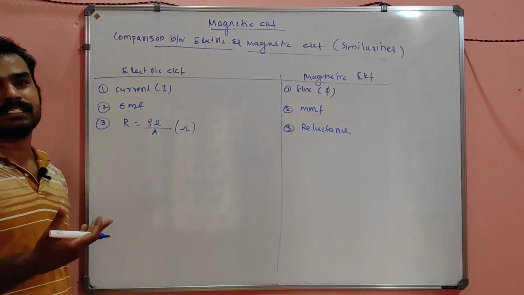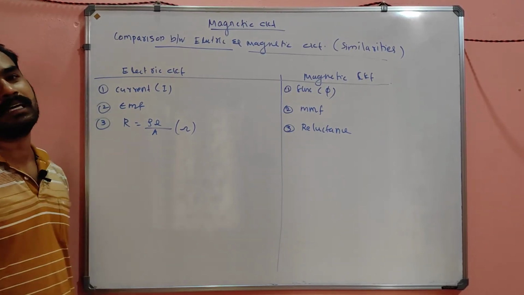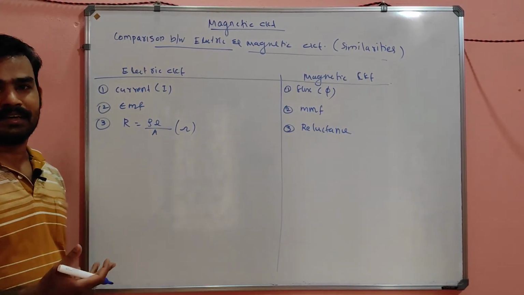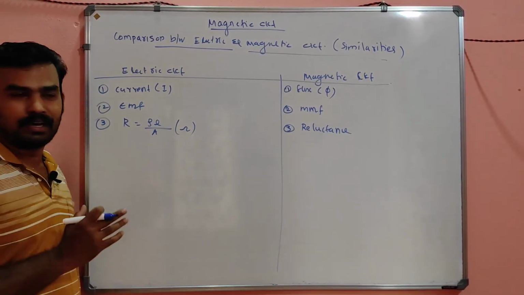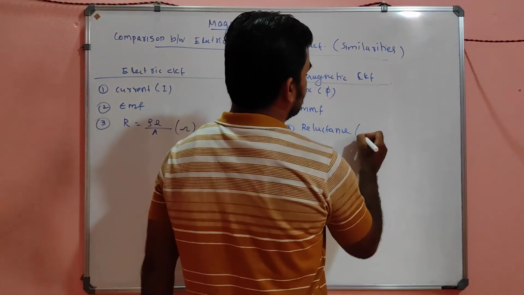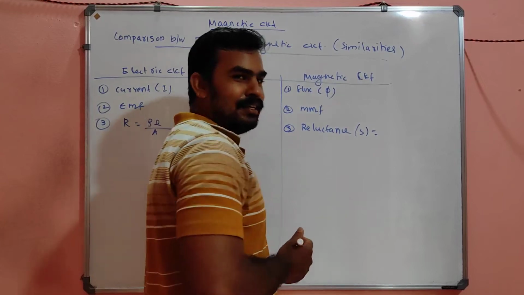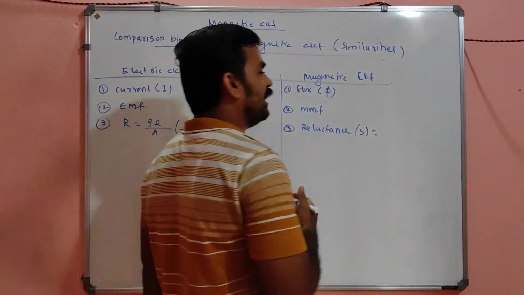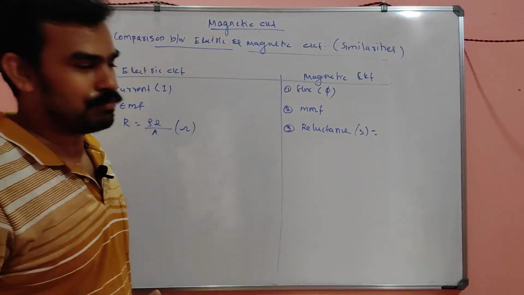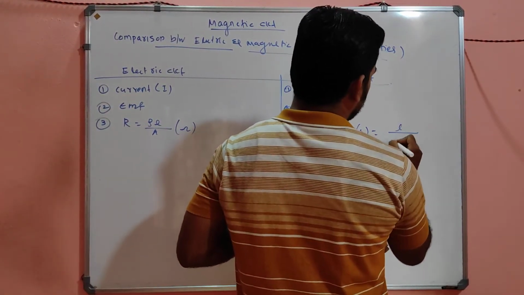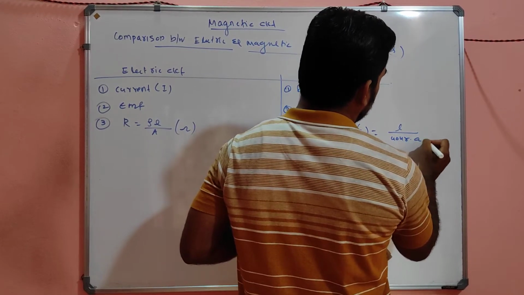Resistance in an electric circuit is the opposition offered by the conductor or element connected to the current flow. Similarly, reluctance is the opposition offered by the material to the magnetic flux. That's called reluctance. It is L divided by mu 0 mu r into A.